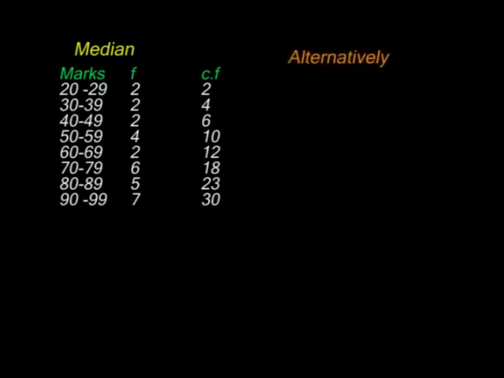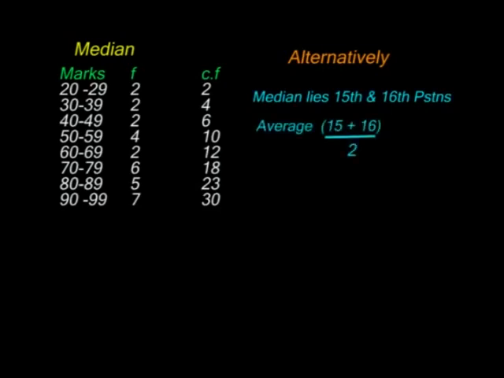Alternatively, you can say that the median lies between the 15th and 16th position. We had seen that. So the average of the two is 15 plus 16 over 2, which is 15.5. So you can say the median is in the 15.5 position. So in the previous class, before the median class, we had 12 students.